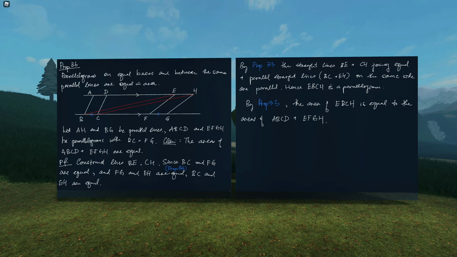So since it shares a side, not the best sentence, but EBCH shares a side with both ABCD and EFGH. And so 35 says that if parallelograms share a side, then they have the same areas. Cool.